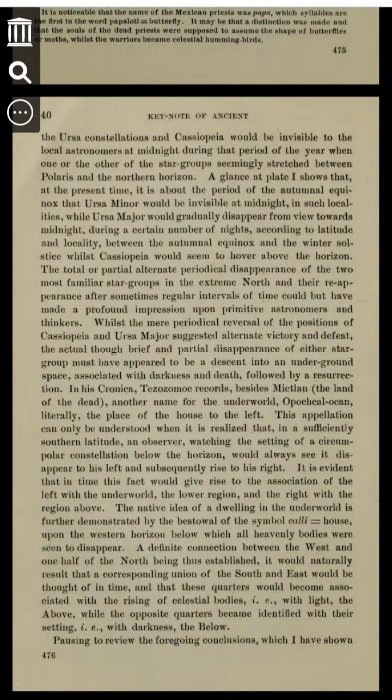A glance at plate I shows that at the present time it is about the period of the autumnal equinox that the Ursa Minor will be invisible at midnight in such localities, while Ursa Major will gradually disappear from view towards midnight during a certain number of nights, according to latitude and locality. Between the autumnal equinox and the winter solstice, Cassiopeia would seem to hover above the horizon.